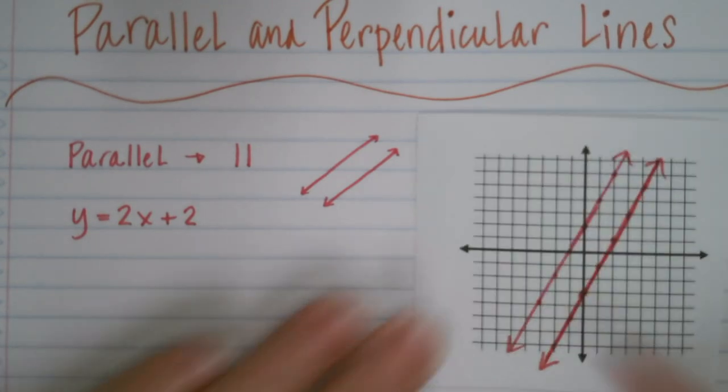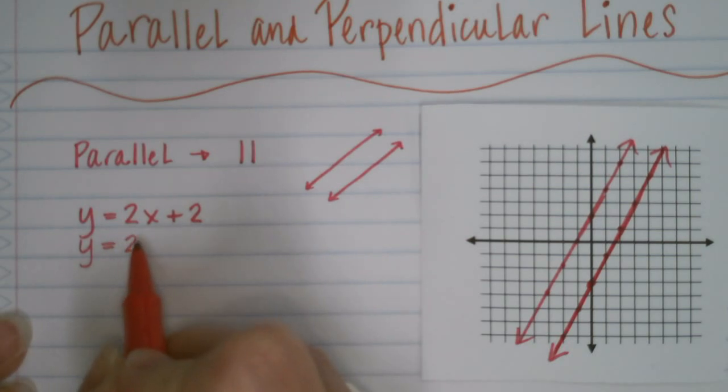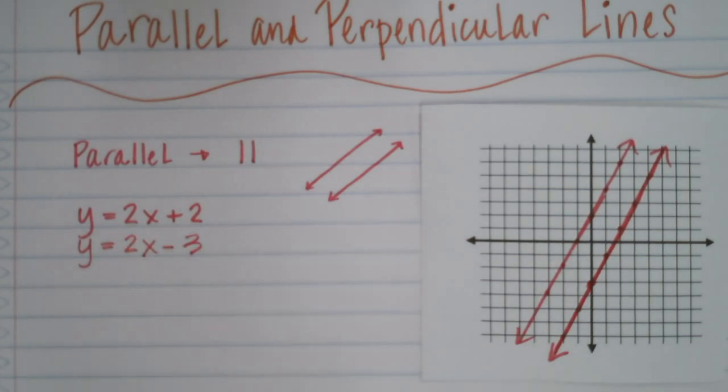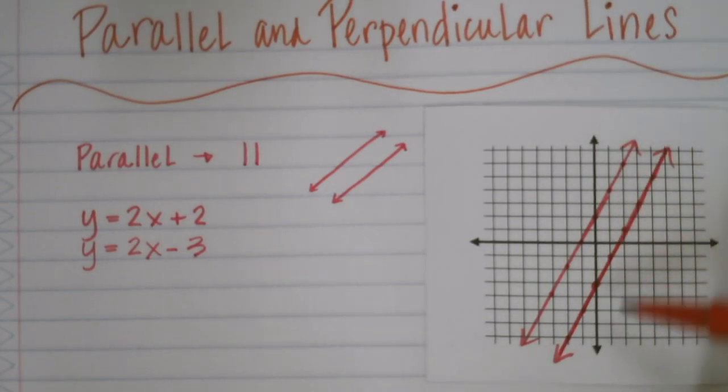So the equation of this line that I just drew would be y equals 2x minus 3. So what we say is that lines that are parallel have the same slope, but they'll have a different y-intercept.